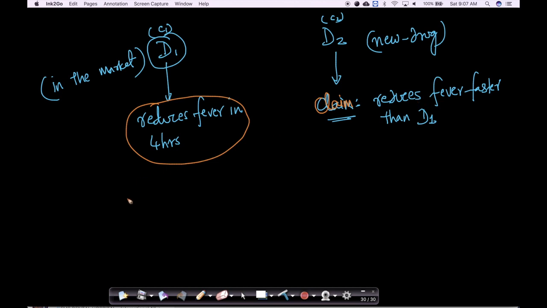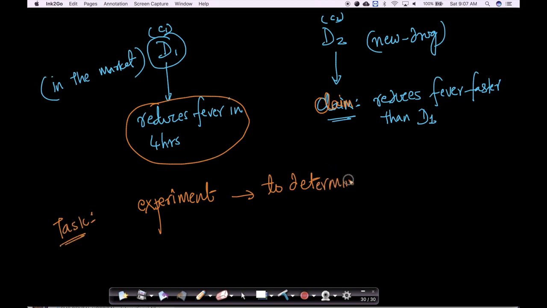Now we want to perform an experiment. Our task is to perform an experiment to determine if the claim is true or not.